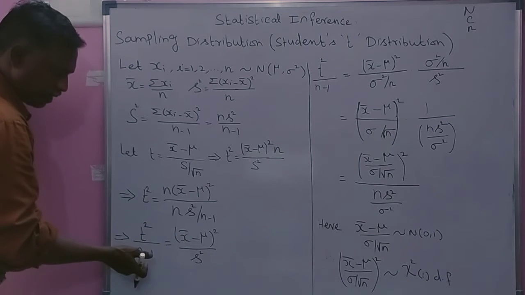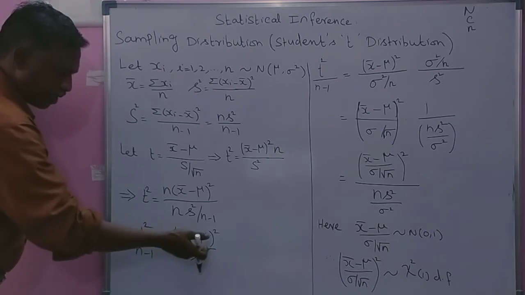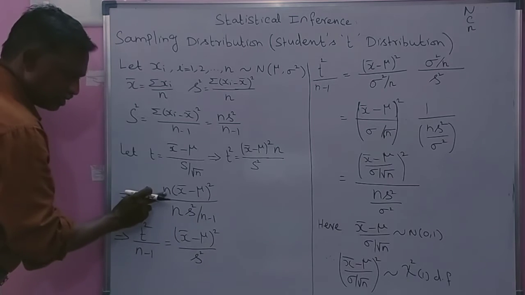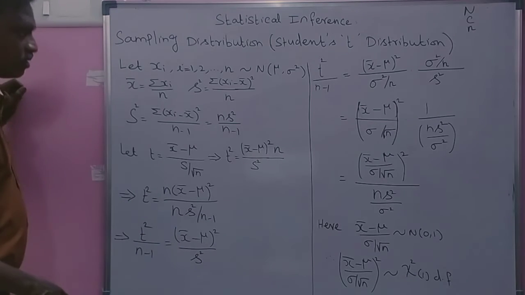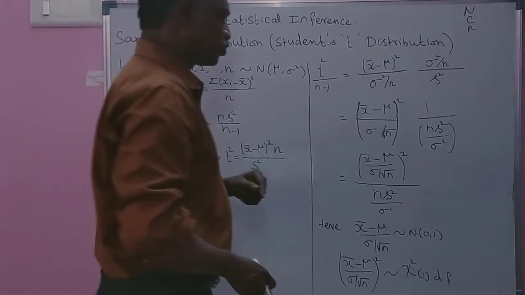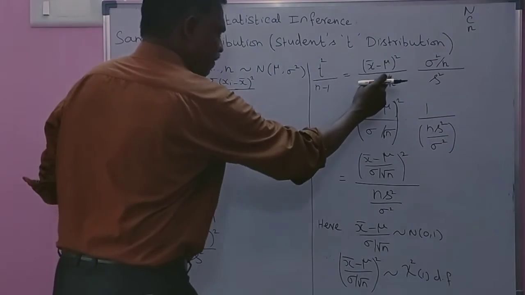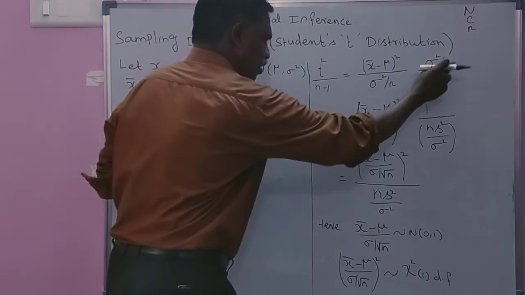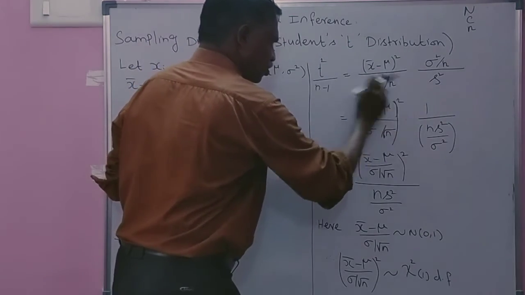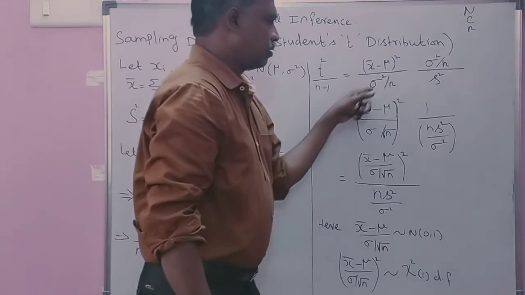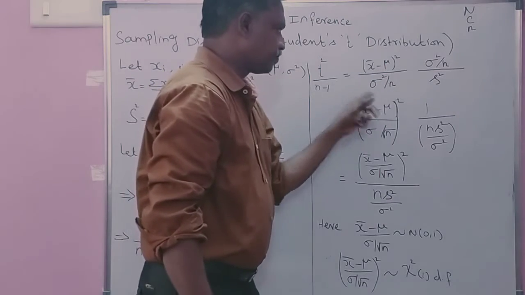So T square by n minus 1 equal to x bar minus mu whole square divided by small s square. This n will be cancelled. So T square by n minus 1 is equal to x bar minus mu whole square. I multiply by sigma square by n and divide by sigma square by n, which gives this.